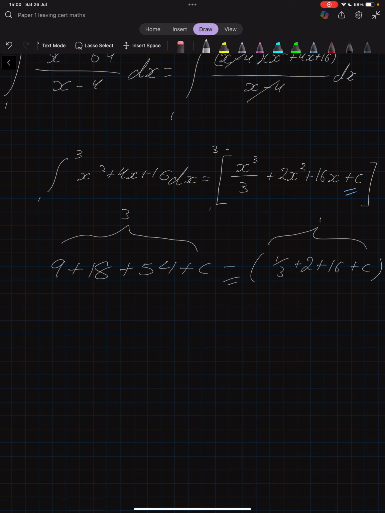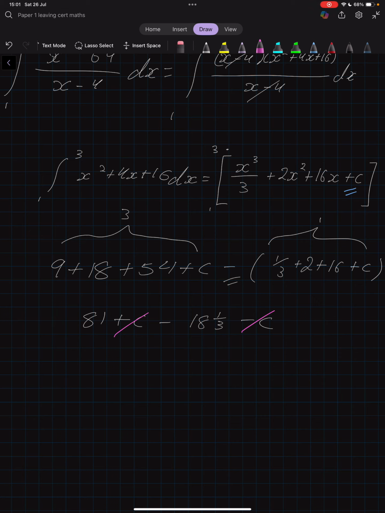Okay, so on the left-hand side, I get 27 plus 54, there should be 81. Yeah, of course, 81. 81 plus c minus. So 2 plus 16 is going to be 18 and a third minus c. So I hope everyone sees, pun unintended, that the plus c and the minus c will cancel.